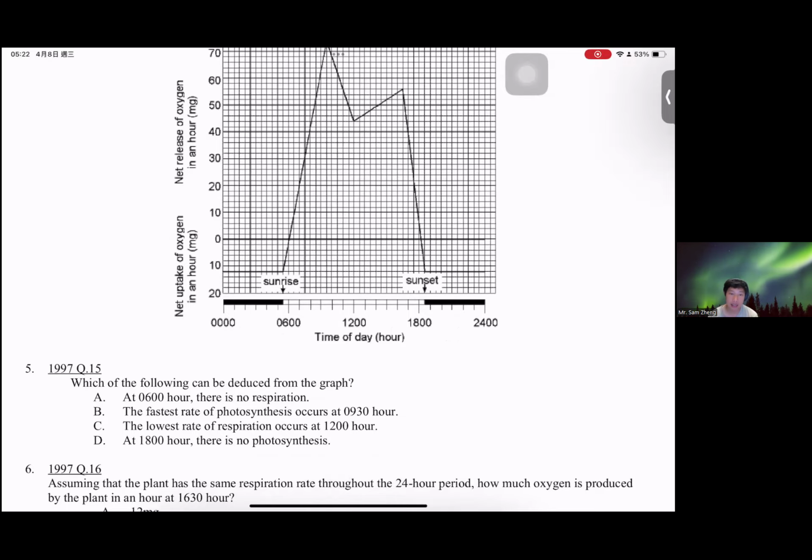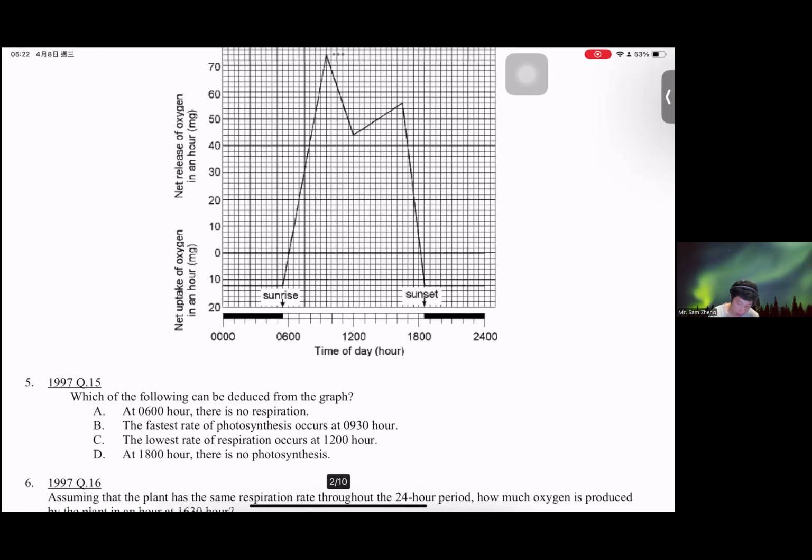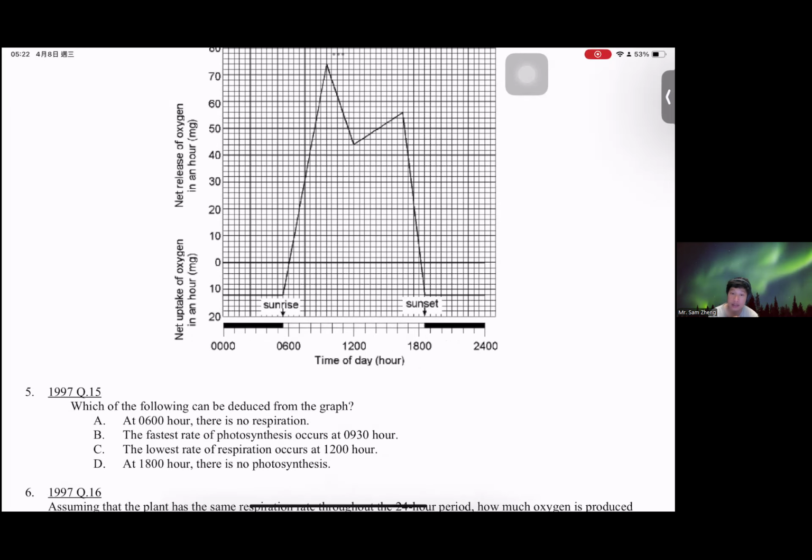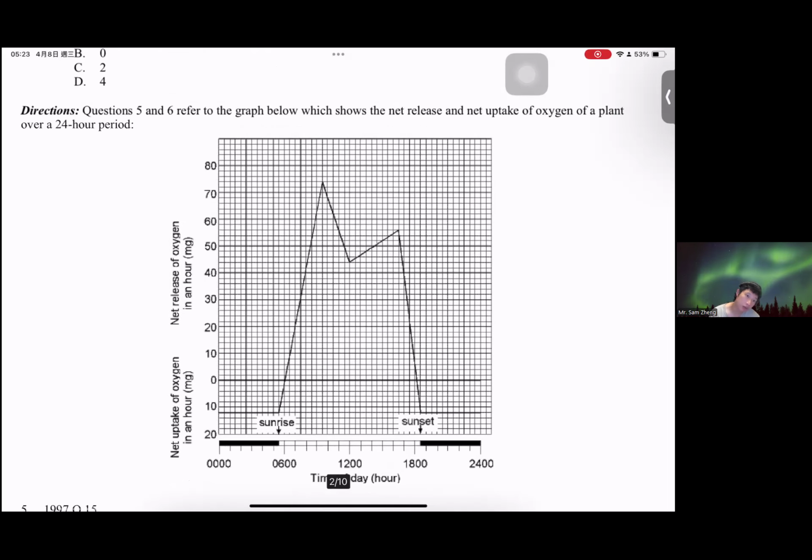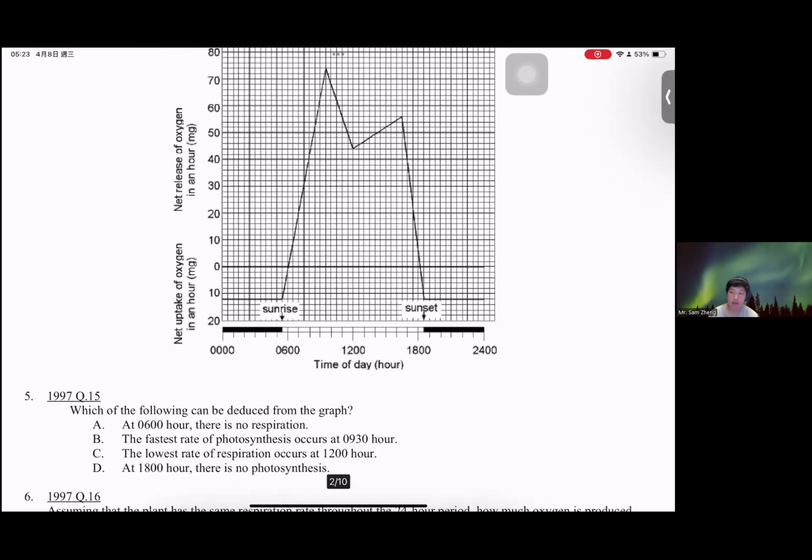At 1800, that means 6 o'clock in the afternoon, it would be over here. Then you will see that there is still some part that is above 12, sorry, it should be 12 mg, meaning that it does not reach the minimum, or the maximum of the net uptake of oxygen.